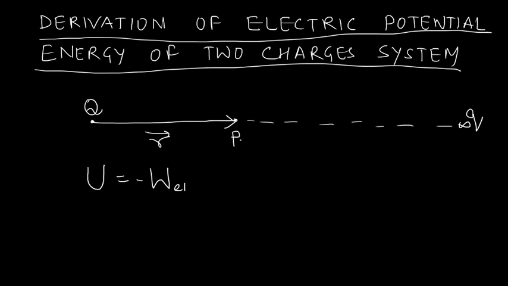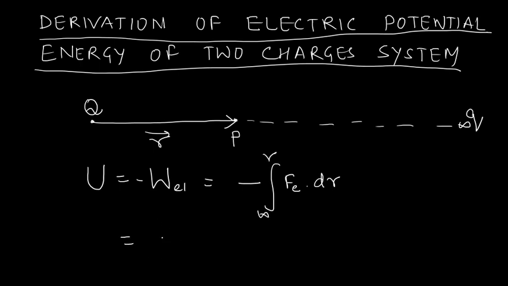Since the net force on this charge is 0, it means the external force and the electric force both are in opposite directions. So it can be written as minus of electric force into displacement, and it is from infinity to r.